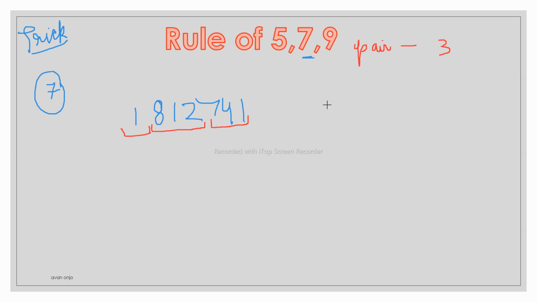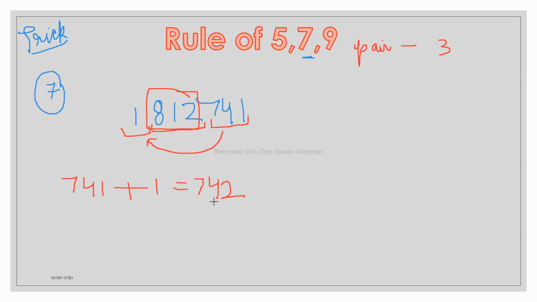Okay, now the next step is to add the alternate pairs. 741 is alternating with 1, so you have to add 741 with 1, and you clearly get 742. Now the third step is that you have to subtract the remaining pair. The middle pair was not considered.